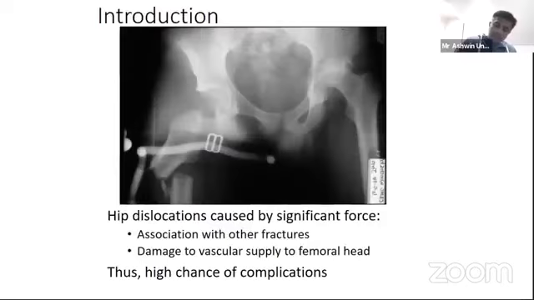So hip dislocation comes with a significant force, and normally it occurs as a result of a fracture or because of trauma. My primary aim today is to talk about virgin hips, but I am more than happy to take any questions about hips which are dislocated from a hip replacement.